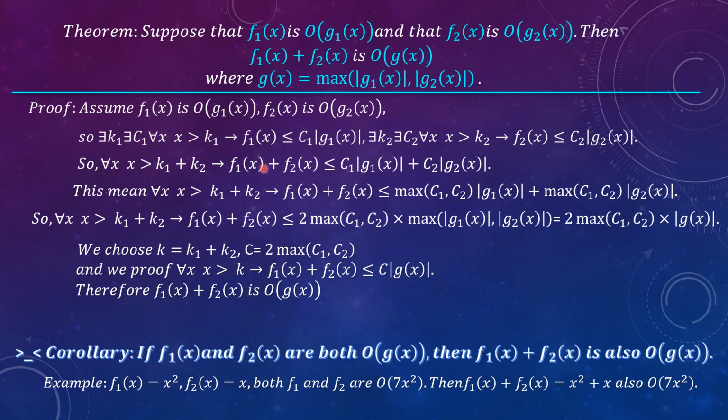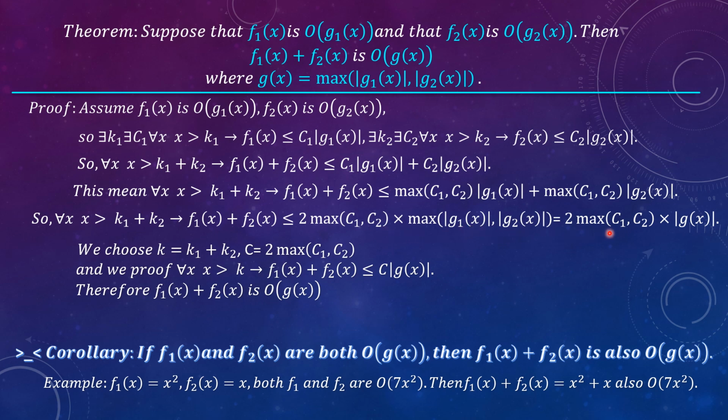So we have these inequalities, then these can be smaller than or equal to this maximum. Then this also can be 2 times maximum c1, c2 times maximum g1, g2.